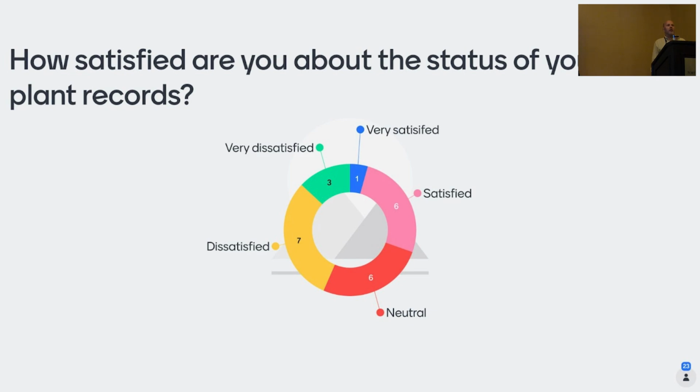Typically about half of the population are dissatisfied or very dissatisfied, and there are all kinds of complex reasons for that. It's typically a combination of people and technology, and all the constraints that prevent you from getting where you want to go. That's what we're talking about today: how do we help you all to move over to the blue point of being very satisfied, one way or another?